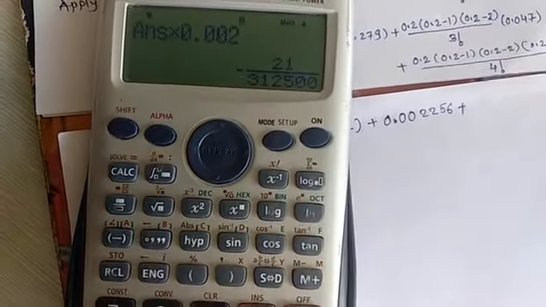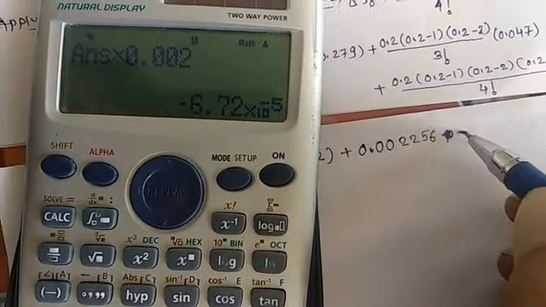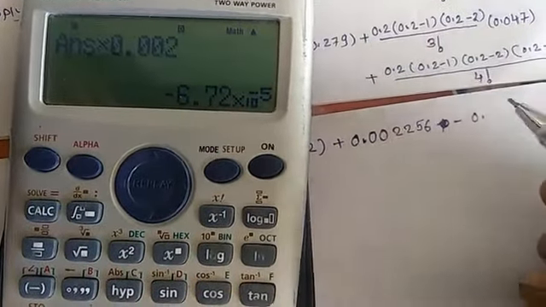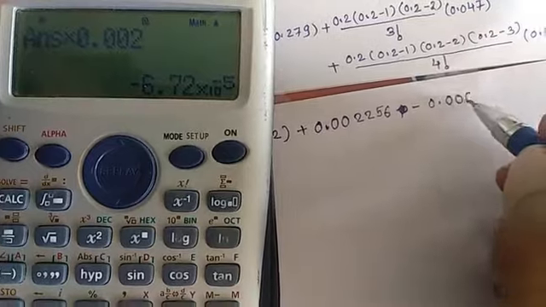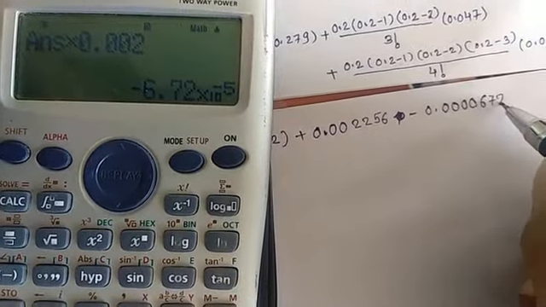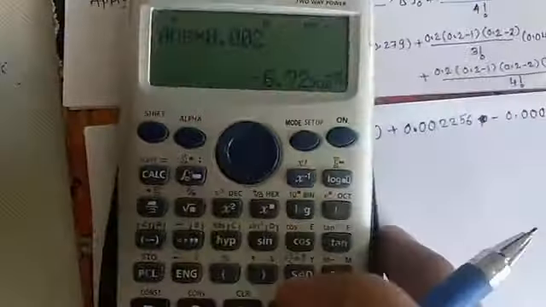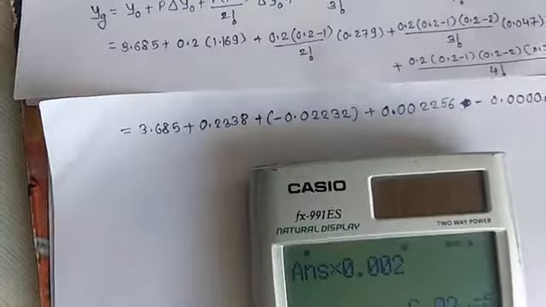Its value is a minus value, which is 10 raised to minus 4, which means we have to take 4 zeros and after that write the value 672. Now we have to add or subtract these values.